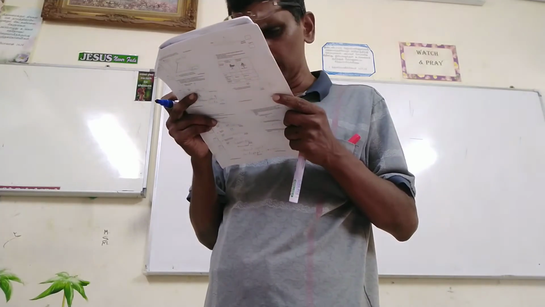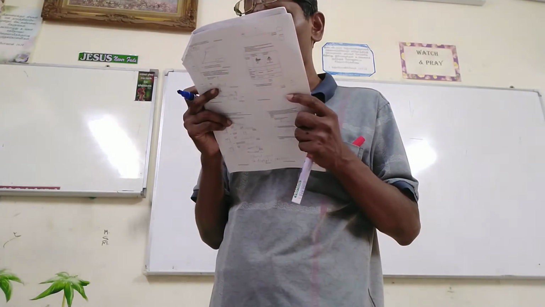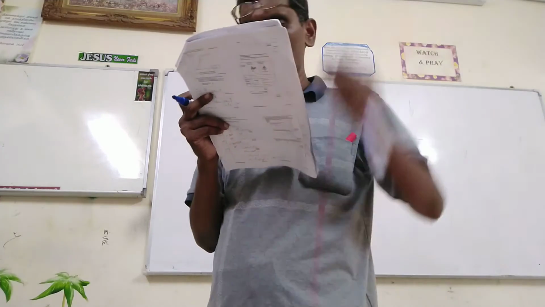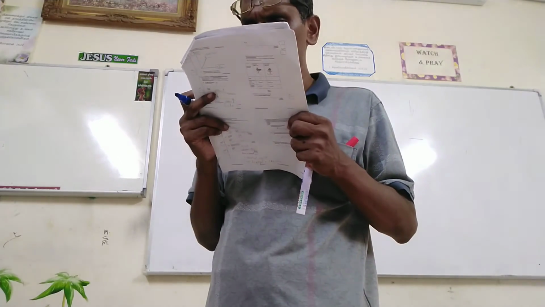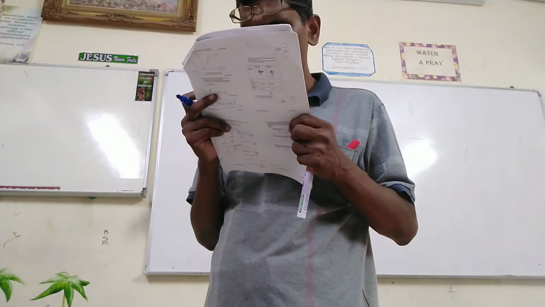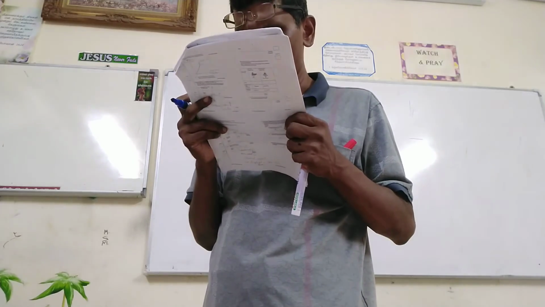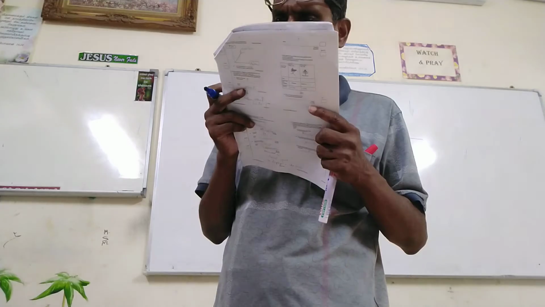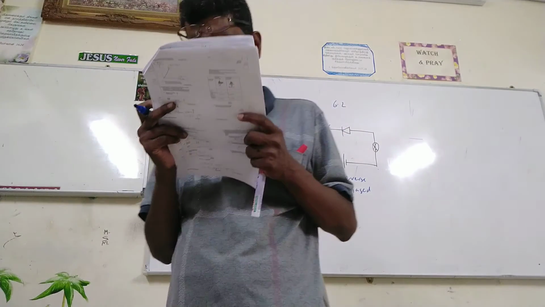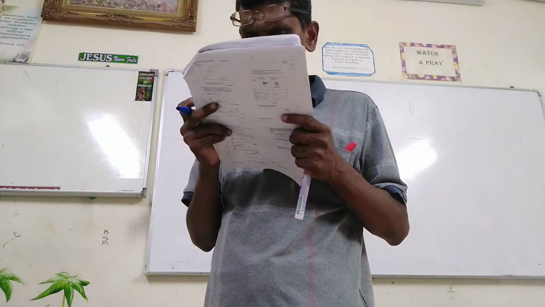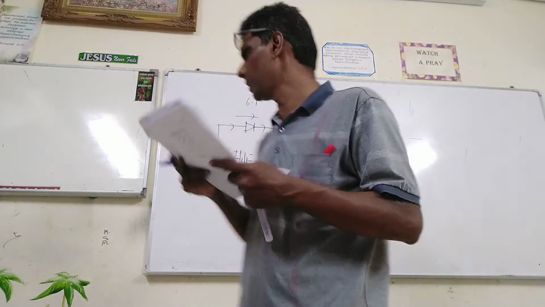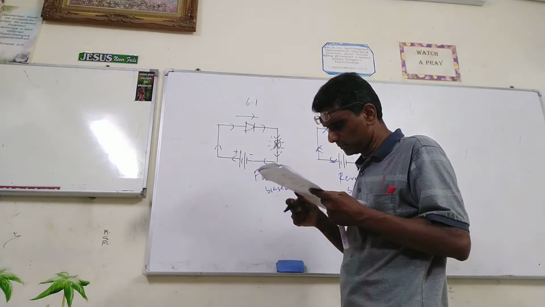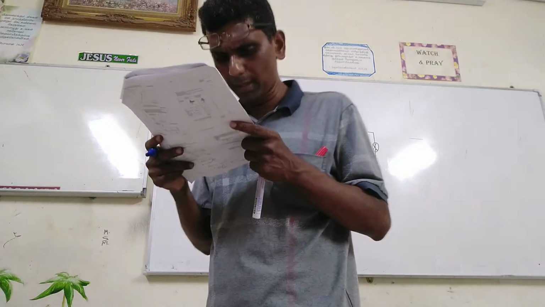Current in diagram 6.1 flows through the bulb. In diagram 6.2, current doesn't flow through the bulb.